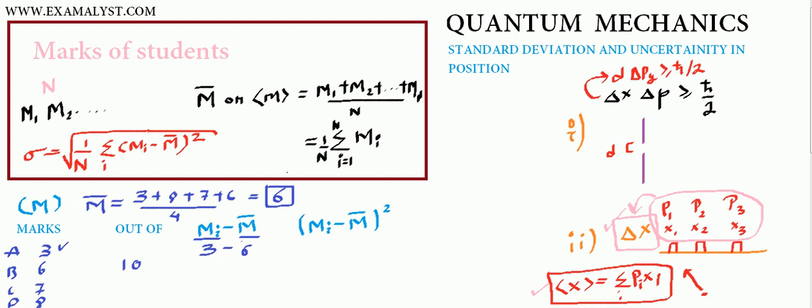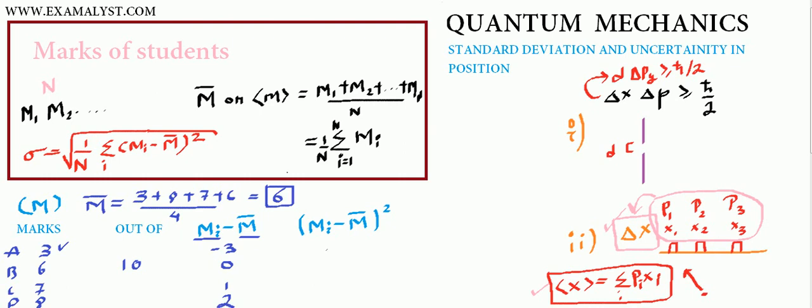So by how much is A's mark deviated from the average? That will be minus 3. Similarly, B's mark is exactly at the average, so there is no deviation. For the third, the deviation is 1, and for the fourth, the deviation is 2.